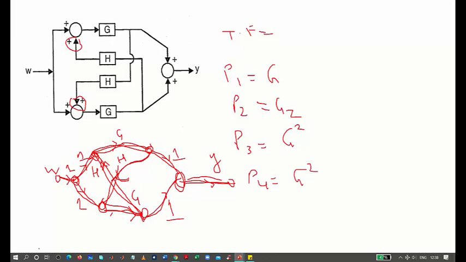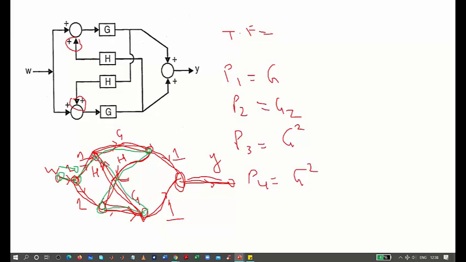But notice that if you start from this point and go in this direction, then say I am going here at this node, then this branch, then this branch, and from this I go here.